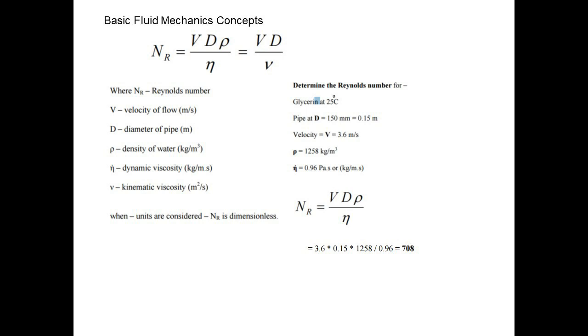One of the basic concepts is the Reynolds number, represented by NR, which equals rho V D over mu. V is the velocity of flow in meters per second, D is the diameter of the pipe in meters, rho is the density in kilograms per cubic meter, mu is the dynamic viscosity in kilograms per meter second, and nu is the kinematic viscosity in square meters per second.